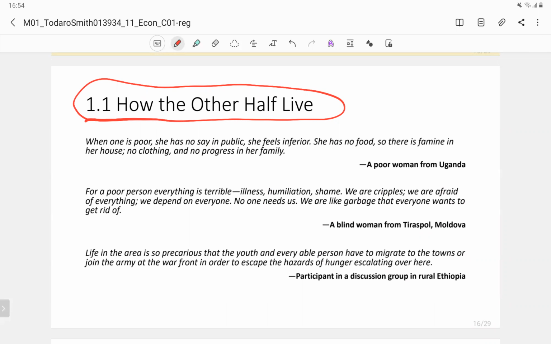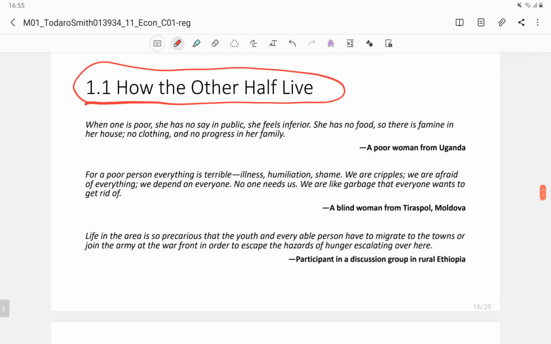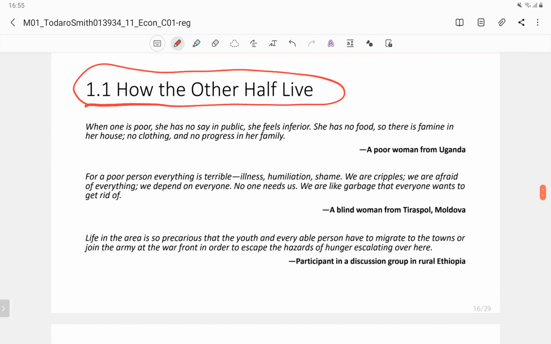Some people live in a rich community, some are middle income, and some others live below the poverty line. What the book means by this is it shows us the perspective of some people around the world who live under absolute poverty.